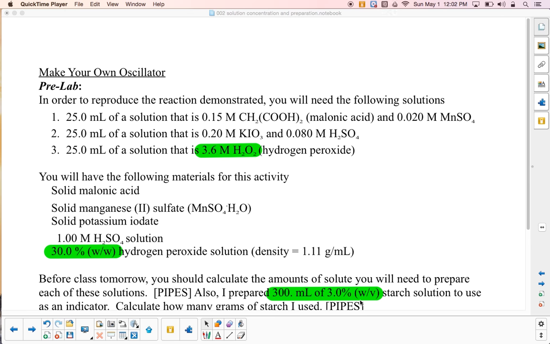Solution number 3 calls for a 3.6 molar solution of hydrogen peroxide. But we're going to start with a 30% by weight solution of hydrogen peroxide. Now, part of this is somewhat similar to what you did with the sulfuric acid. You started with a concentrated solution and you added water until you had 25 milliliters of a more dilute solution.